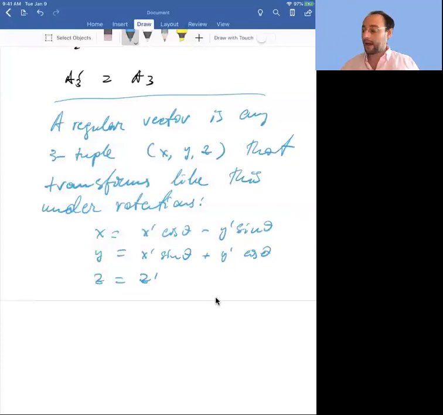An analogy to that: I give you 4 numbers, and they transform from one frame to another specifically in accordance with the Lorentz transformation, then it's a 4 vector. Okay, so again, there is a rotational analogy. Now I'm going to go back to a regular presentation.